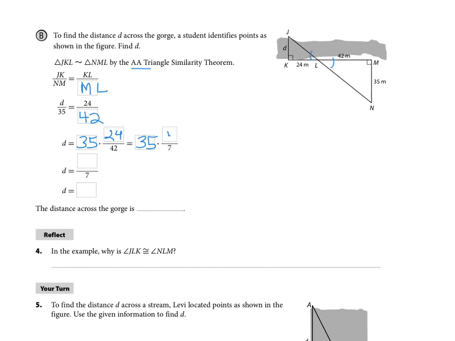That's 4/7, factor of 6 in each one there. And then if I multiply 4 times 35, I get 140. And dividing by 7, I get 20. So the distance across the gorge is actually 20, don't forget your units, meters.